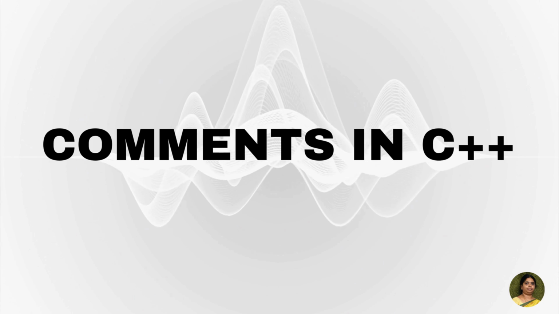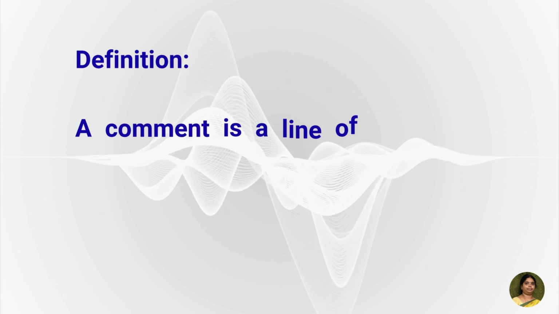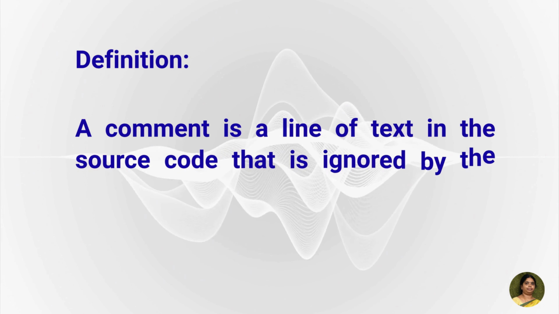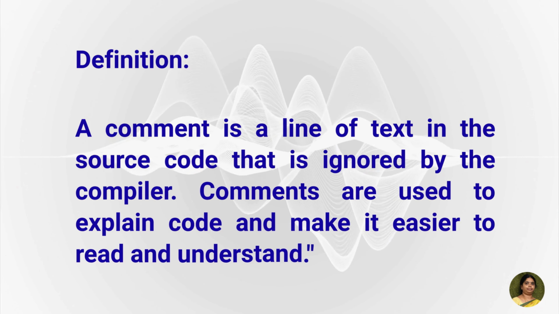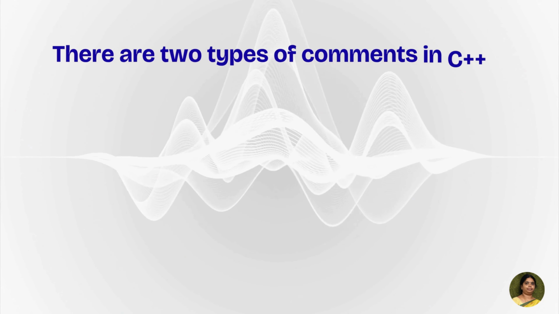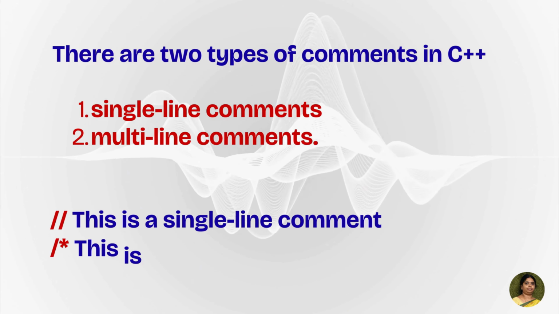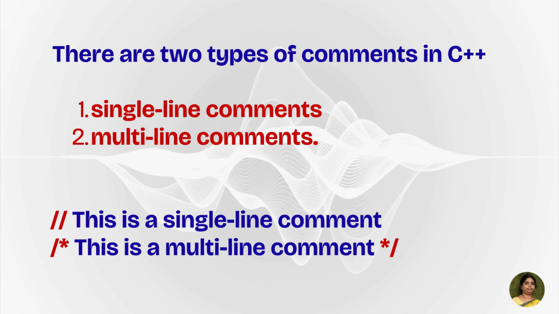Let's know about comments in C++. A comment is a line of text in the source code that is ignored by the compiler. Comments are used to explain code and make it easier to read and understand. There are two types of comments in C++. First, single line comment. Second, multi-line comment.